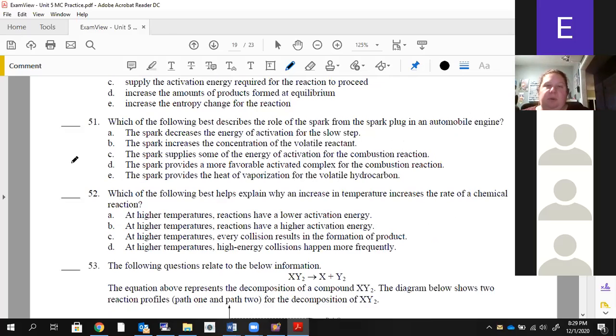The little spark that the spark plug makes gives the combustion reaction of your fuel enough energy to exceed that activation energy. So it's not really a catalyst, then, it's sort of just a source of energy, because it's not decreasing the activation energy, it's just helping you achieve that activation energy. So the answer should be C.